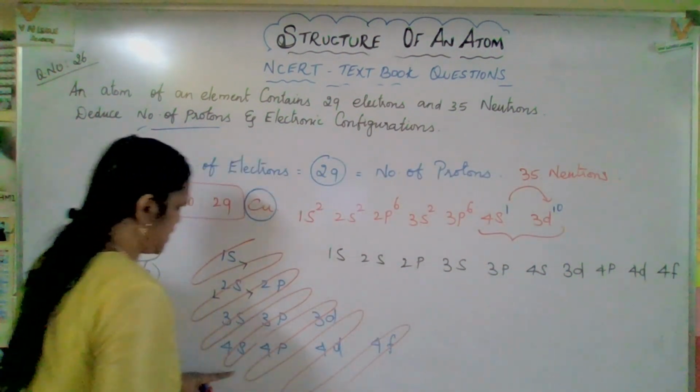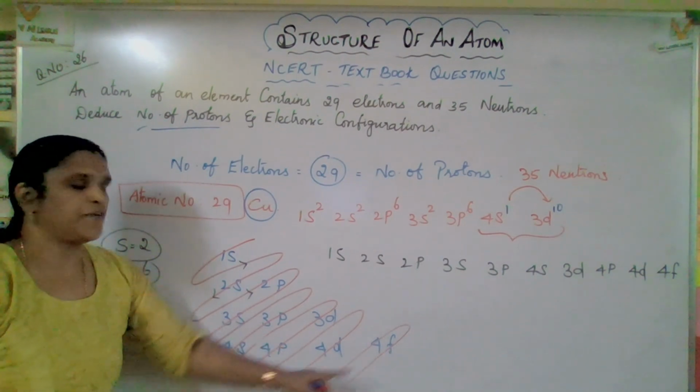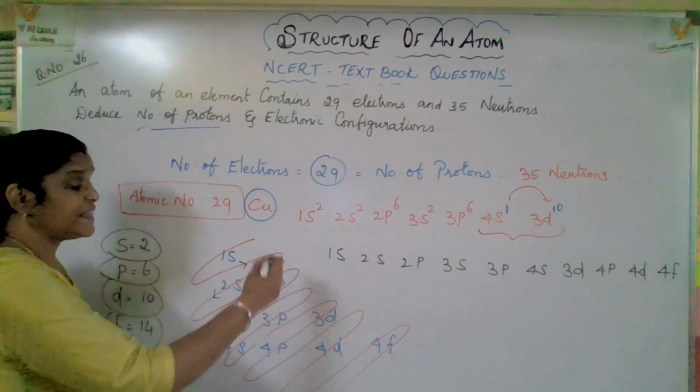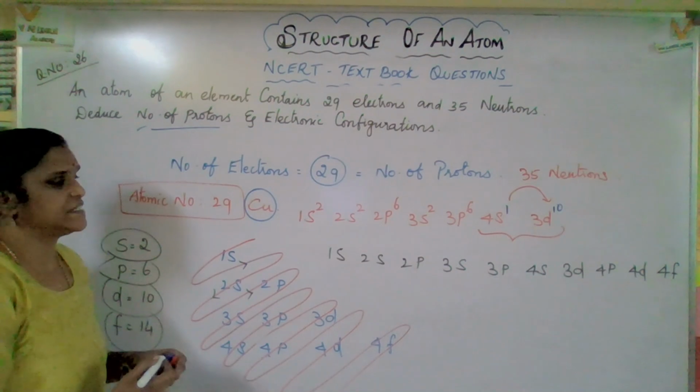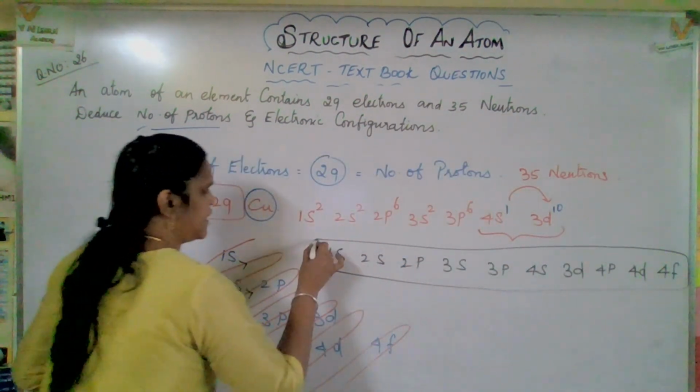See, suppose if it is 4s, 5s, 6s, 7s, it has to fill all those things. Then in that way you have to go in this ladder. So in this way you have to fill that order.